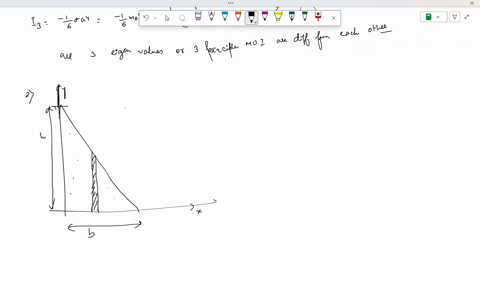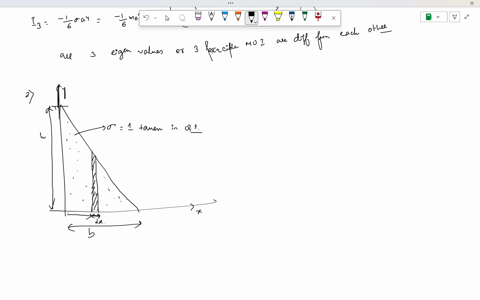Okay, so taken in the question sigma equal to 1, and this small strip has a width of dx.